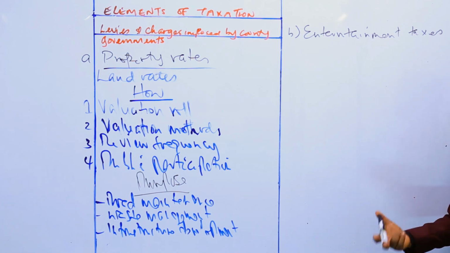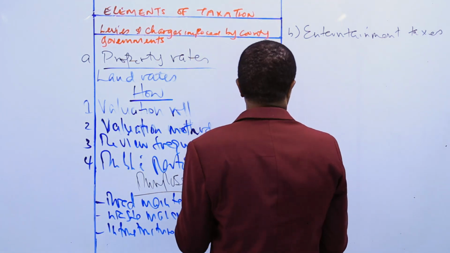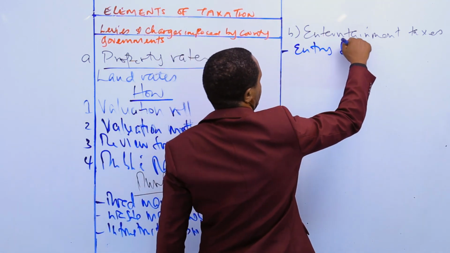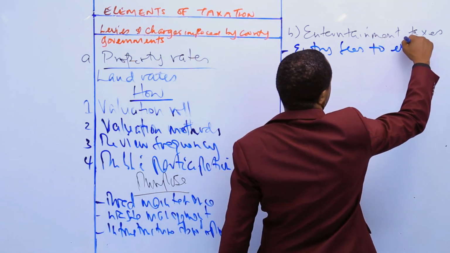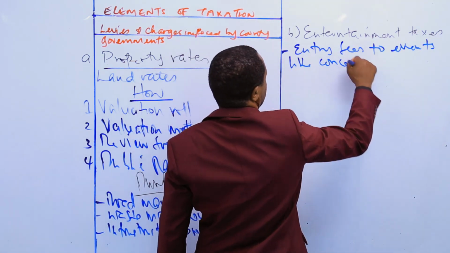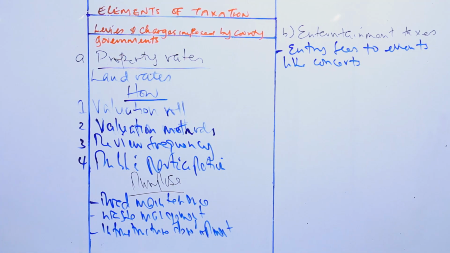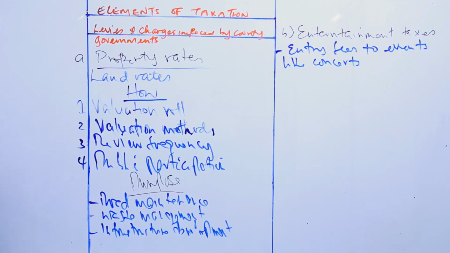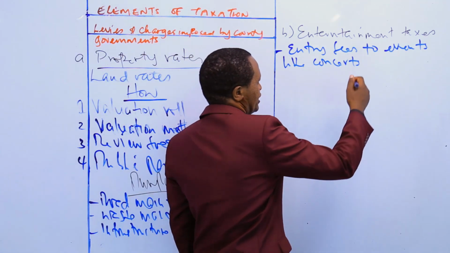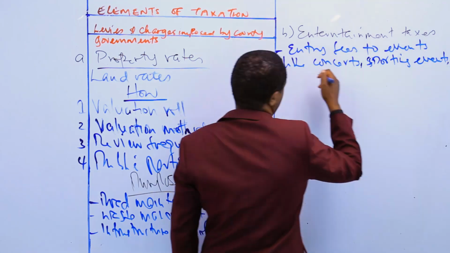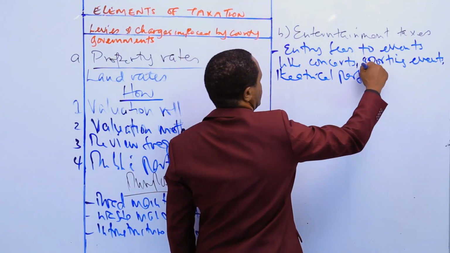And examples of what may be taxed include entry fees to events like concerts, sporting events, and theatrical performances.